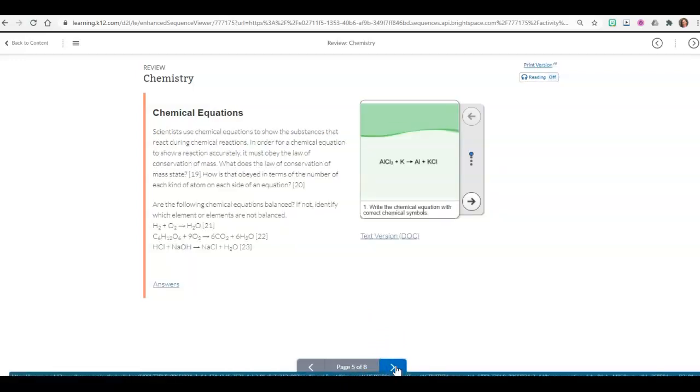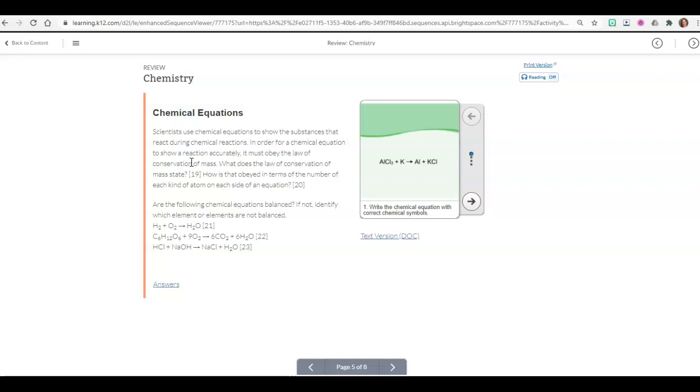If we look at chemical equations, this is one of the harder things that students struggle with. So you will definitely want to write down the example that we're going to go through in your notes, so you have something to compare back to when you have to work through one of these on your own. So we use chemical equations to show how the substances that react during a chemical reaction end up on the other side.